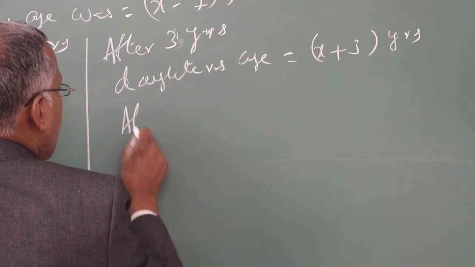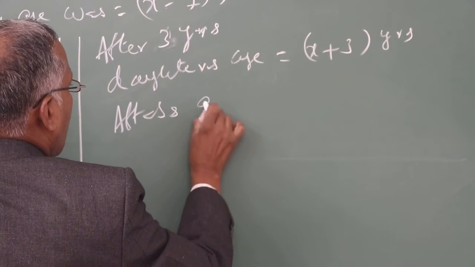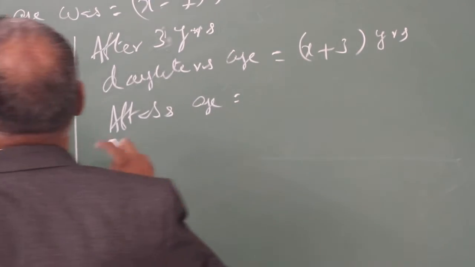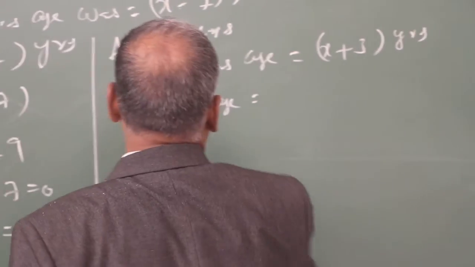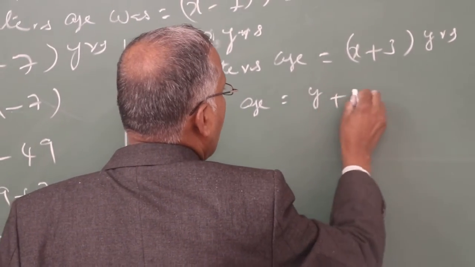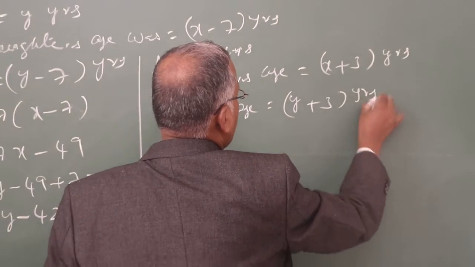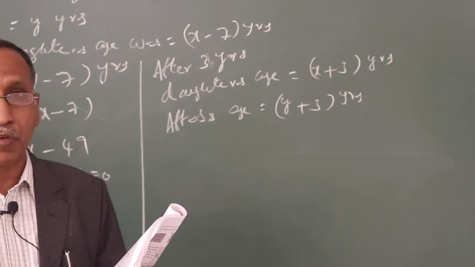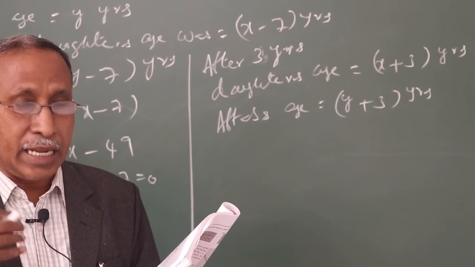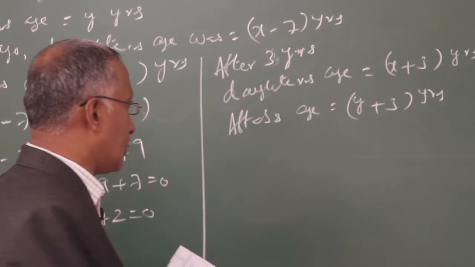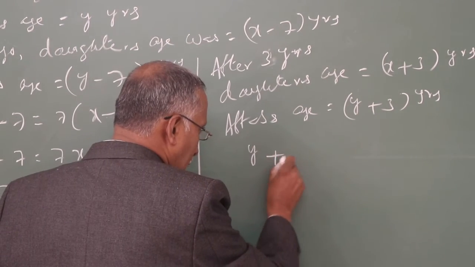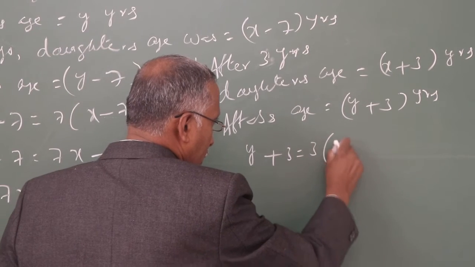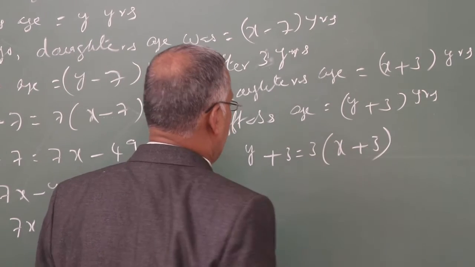And Aftab's age becomes how much? Present age is y years, so after 3 years it is y plus 3 years. What is said now? 3 years from now, I shall be 3 times as old as you. Then y plus 3 is equal to 3 into x plus 3.